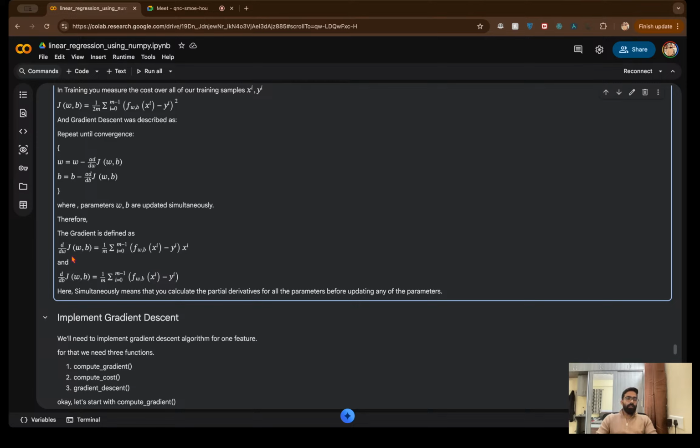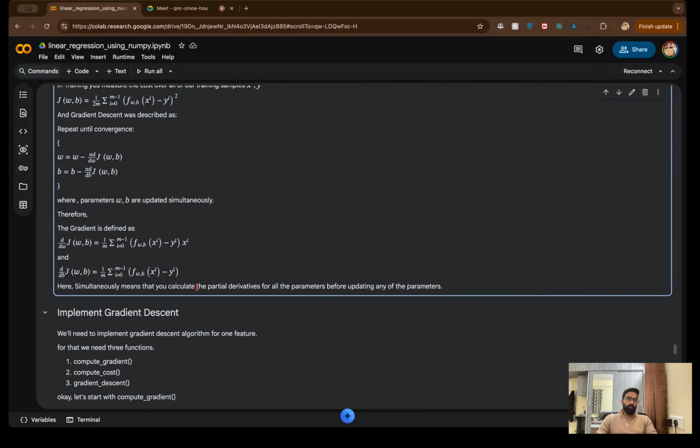This is the partial derivative with respect to w. And the partial derivative with respect to b is 1 by m, summation from 0 to m minus 1, of f_wb of x_i minus y_i.